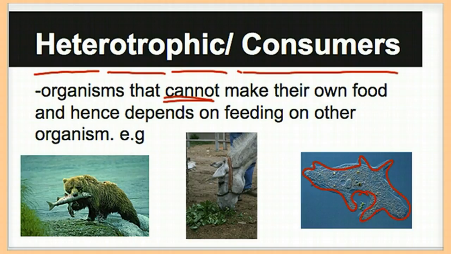If you notice, that's the food, and it's going to enclose it by moving closer and closer, and pulling it inside of the cytoplasm. So all organisms that depend on another organism for their energy source are called heterotrophic or consumers.